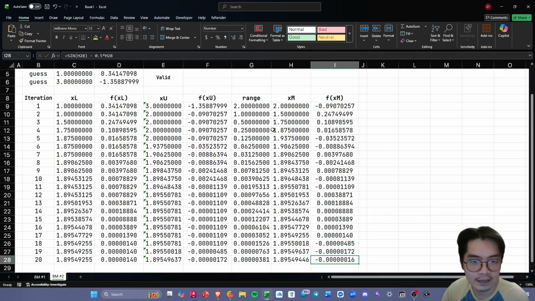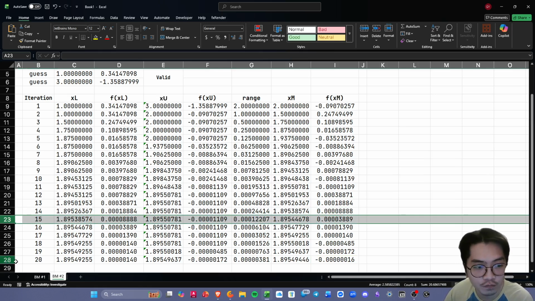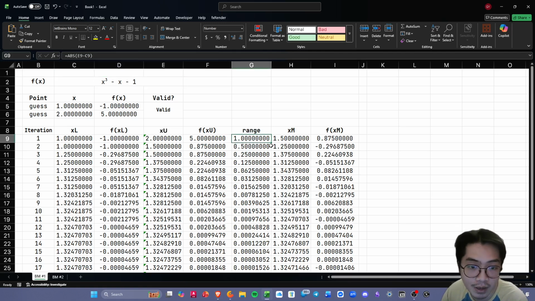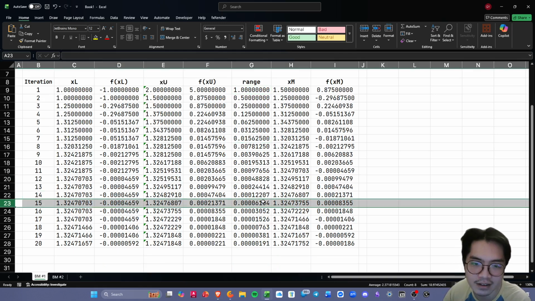Okay? And in this case, instead of stopping at 14, it should stop at iteration 15, because our original range for the first one is going to be 1, and it took us 14, or technically 15 iterations to go below 0.0001.